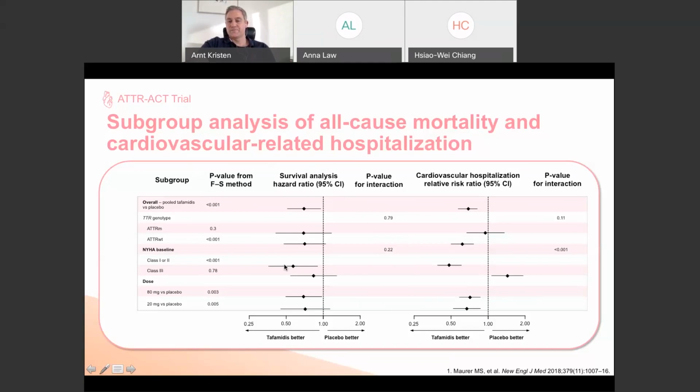So this gives first evidence that early treatment with tafamidis appears to be better, and we should achieve early diagnosis of cardiac ATTR amyloidosis.